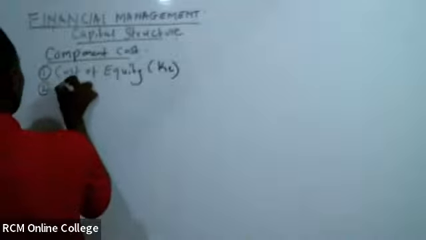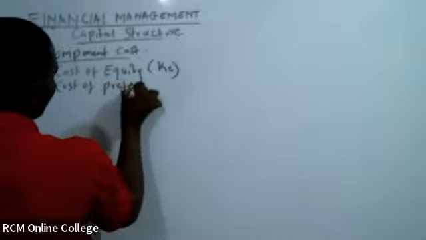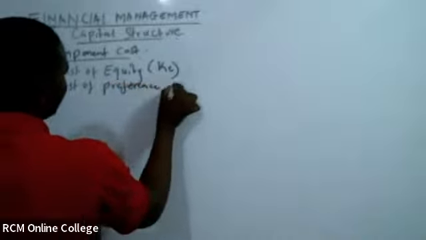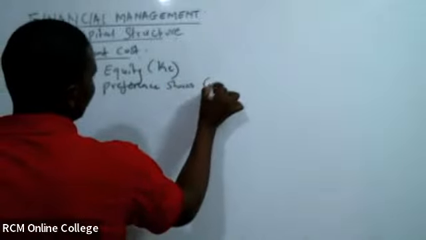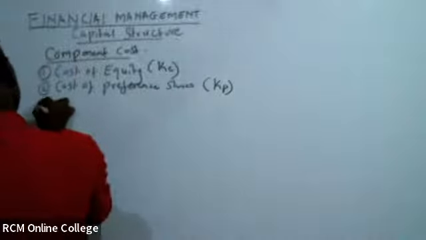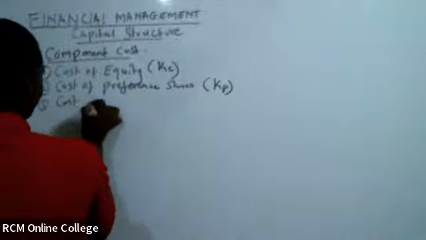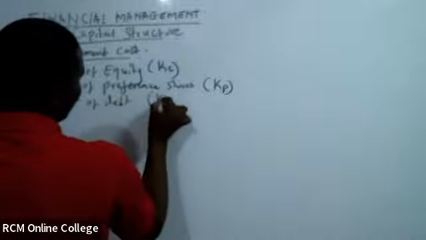Number two is the cost of preference share, symbolized as KP. Number three is the cost of debt, symbolized as KD.